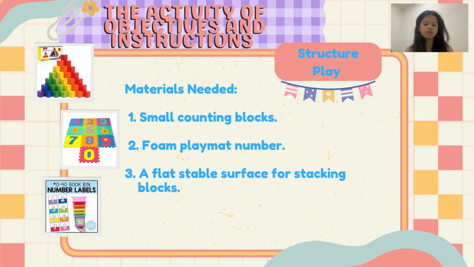The first one is small counting blocks, which are small cube blocks. The second, foam play mat. And the third, a flat stable surface for stacking blocks.